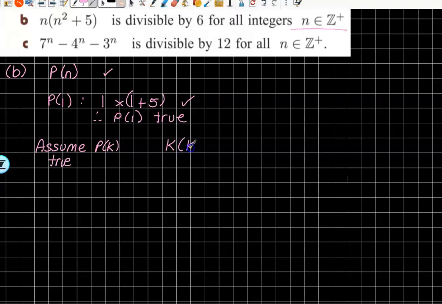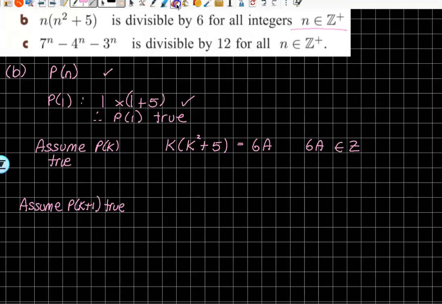K squared plus 5 equals 6A. 6A is an integer. Do we want to expand that? Assume P of K plus 1.